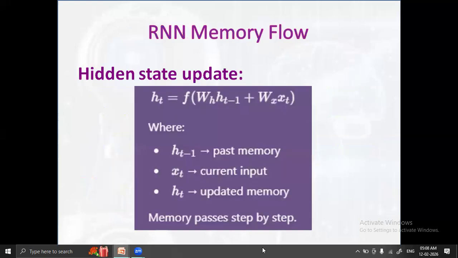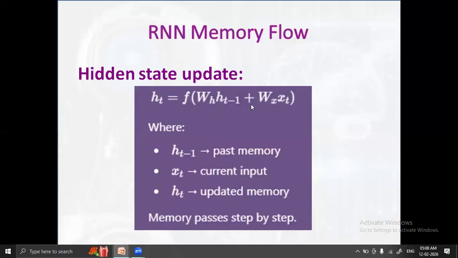Next, the RNN memory flow. In a recurrent neural network, the memory is stored in the hidden state, which is updated at each time step using both the current input and the previous hidden state. The formula is ht = f(W h(t-1) + W x xt), where f may be the activation function.